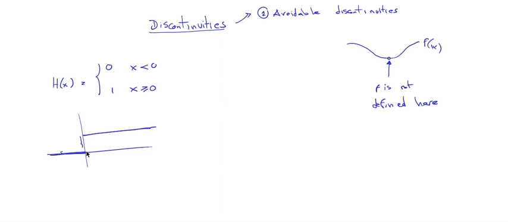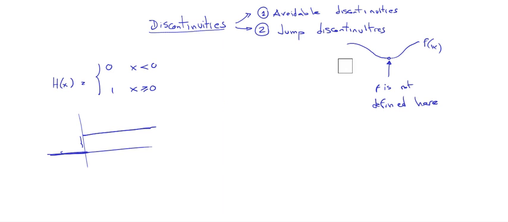There's no way we can define something at 0 with, for instance, a value of 1/2 for the Heaviside function. It won't make it continuous because the limit from the right, when you go to 0 from the right, and the limit from the left will never be the same, right? In this case, we call them jump discontinuities, okay? Because that's what the function does. It jumps from one value to the other, okay?